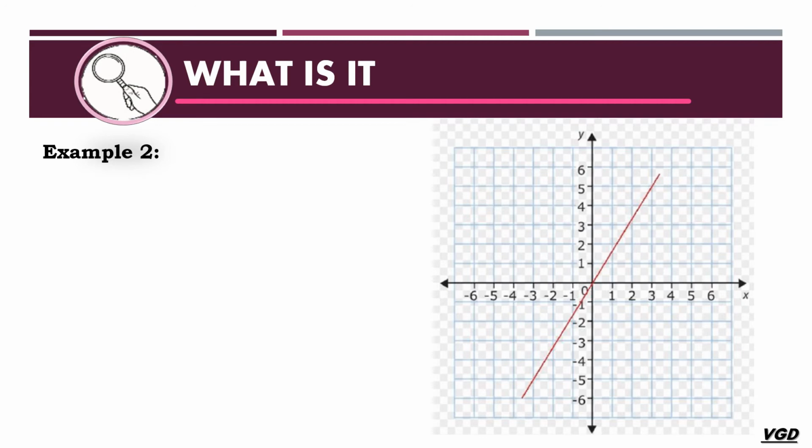So let's have another example in which only a graph is given. So we need to find the slope of this graph. In this case, we don't know the specific points of this graph. However, we just know that it is slanting from right to left. So therefore, we can expect that this has a positive slope.